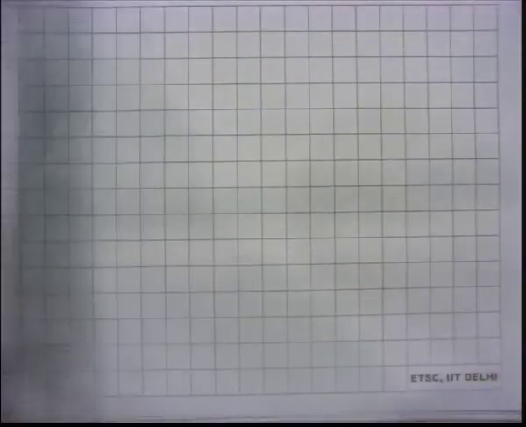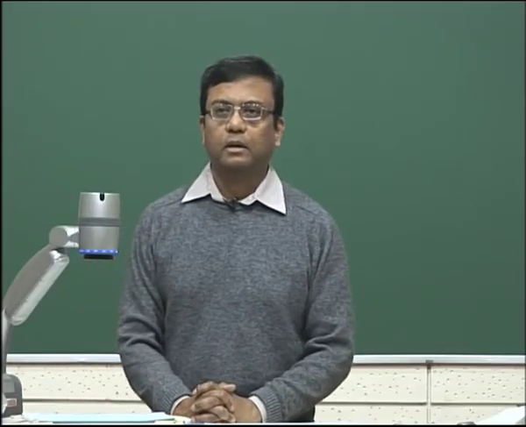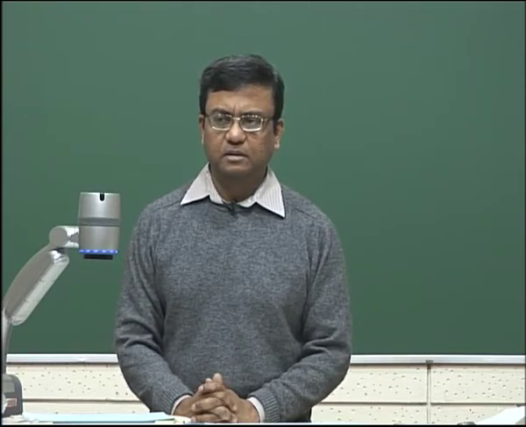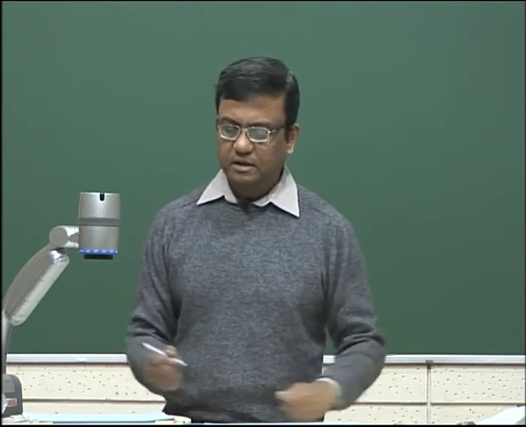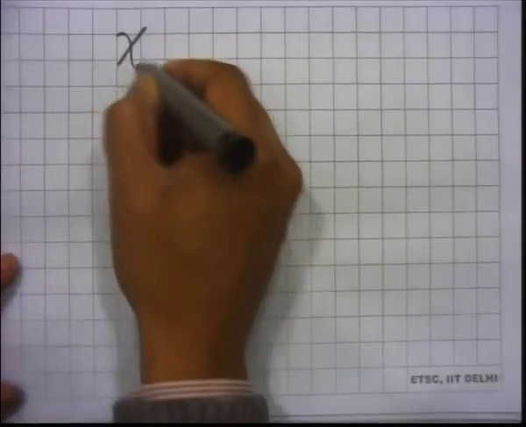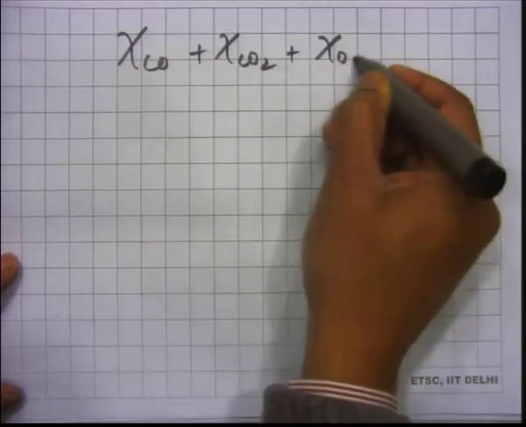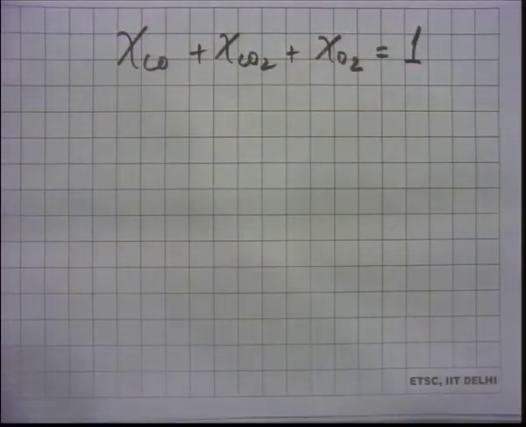Now, can we think of a few other equations also? Is there some relationship between the mole fractions, given that we have CO2 initially? Yeah, that is an easy one actually. We can write that the CO plus CO2 plus O2 mole fractions must equal 1, there is no other option.